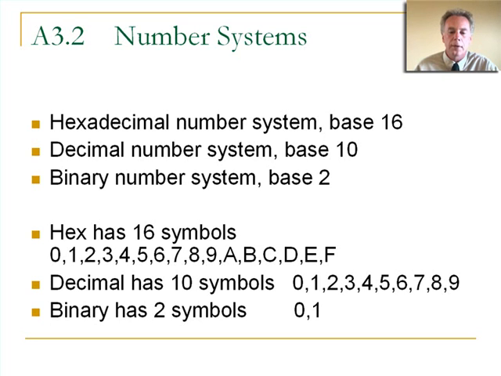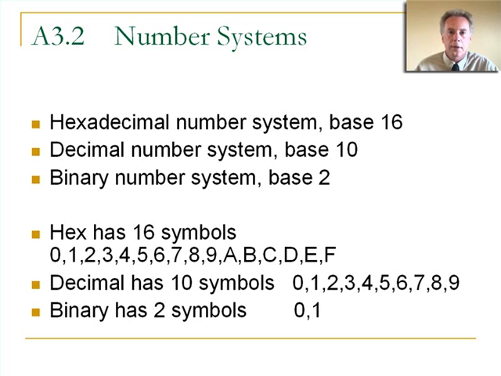In base 16, or the hex number system, we have 16 symbols to work with. Similarly, in decimal we had 10 symbols, and in base 2 we had 2 symbols. There aren't 16 different digits that we can use as symbols in the hex number system, so we've borrowed letters, and we're going to use the letters A through F to represent the values 10 through 15.